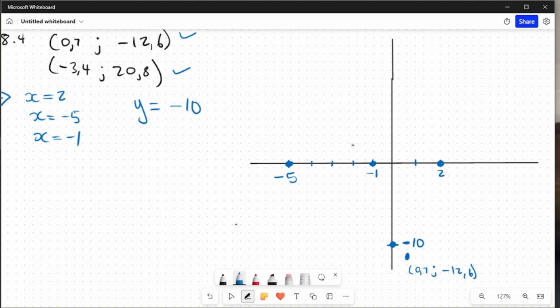And then the next turning point is (-3,4; 20,8). So -3,4 somewhere there, and let's put 20 there. Then I write the coordinates. It's (-3,4; 20,8).